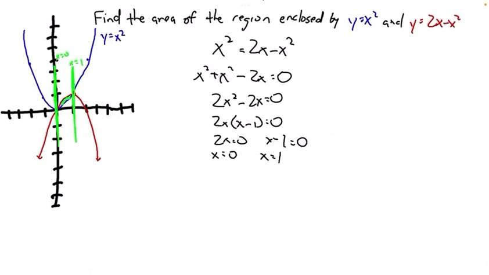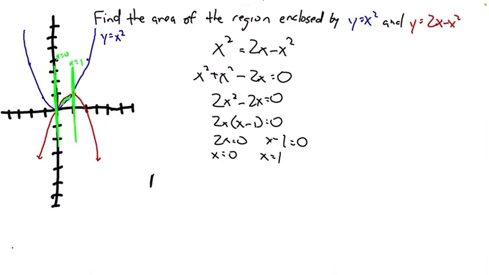So now we can set this up. So remember, when we solve this equation, we basically look and we go the top minus the bottom. Now, we're only concerned with what's going on from 0 to 1. That's why we found our boundary. So what we want to do in this case is see which one is the top. Now, between 0 and 1, we have what? 2x minus x squared is a little higher.